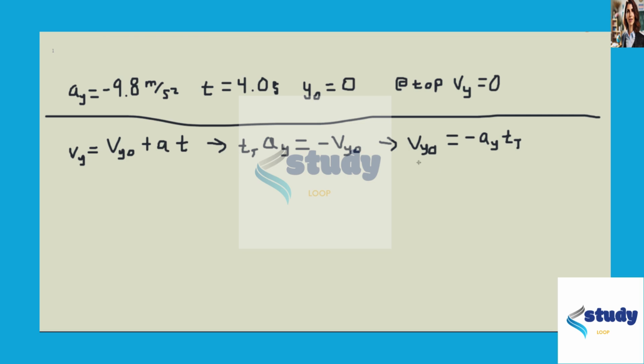Well, the time it takes for it to get to the top is 1/2 that of the total time, and the acceleration in the y direction is minus 9.8 meters per second squared. So minus a minus is plus. This is positive 9.8 meters per second squared, multiplied by 4 divided by 2, which is 2 seconds.